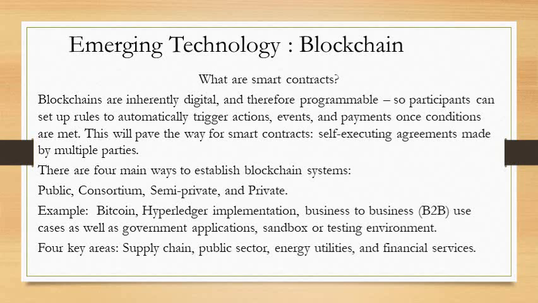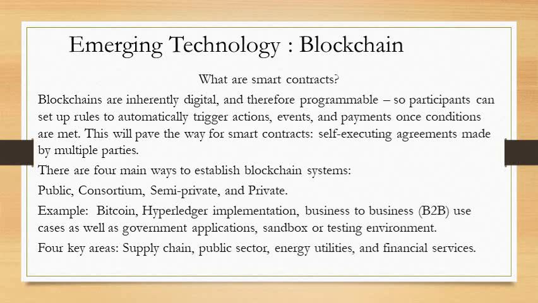Then consortium is another type of blockchain system, which enables a group of companies collaborating together to leverage blockchain technology for improved business processes. Examples would be Quorum, Hyperledger, and Corda.